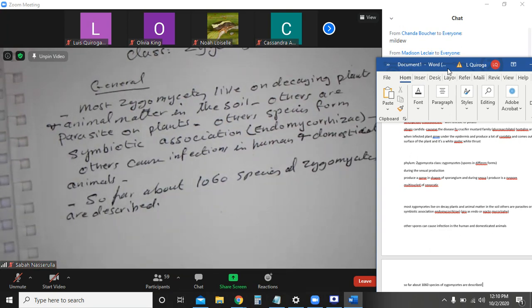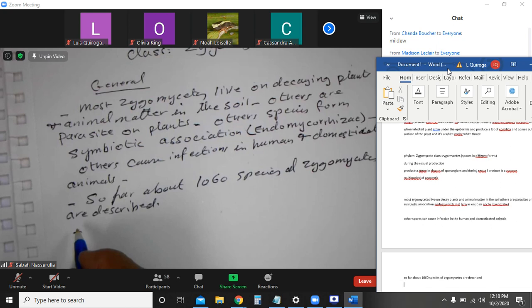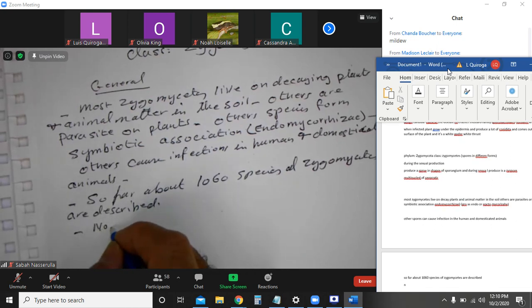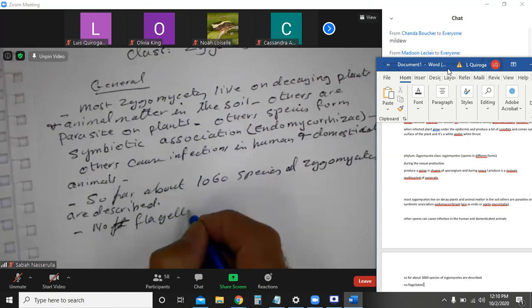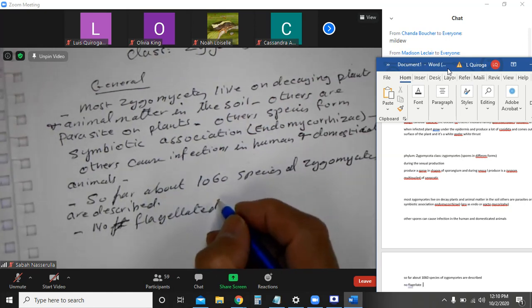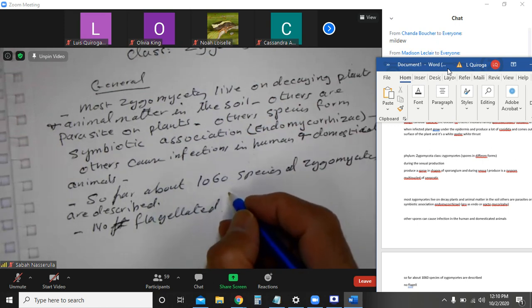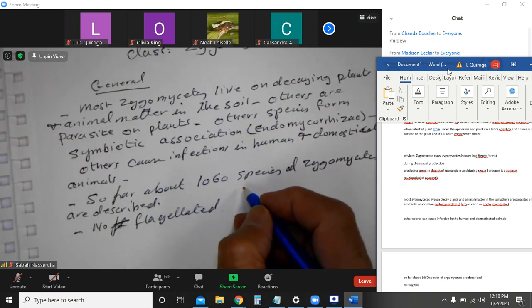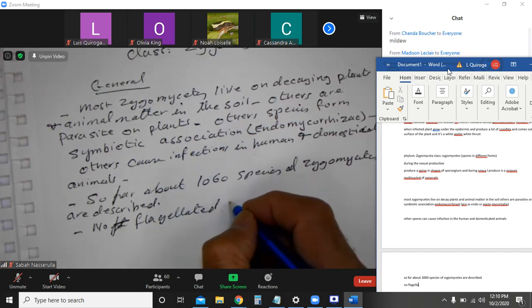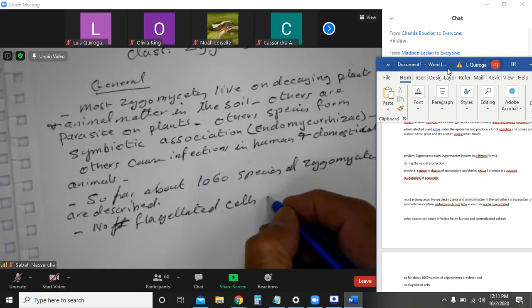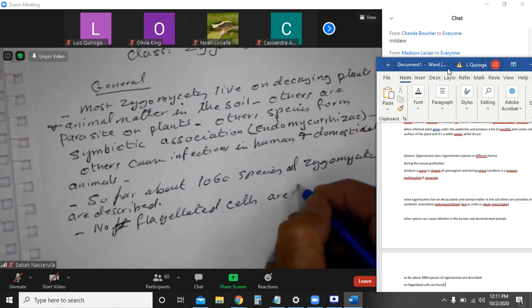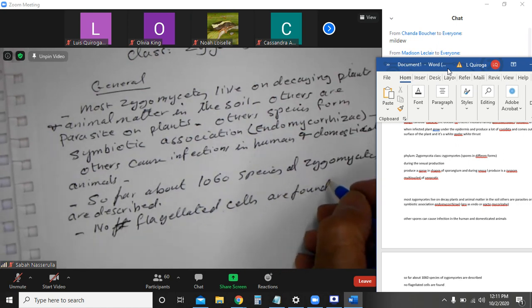Now, it's important to mention that no flagellated cells are found in any of these fungi.